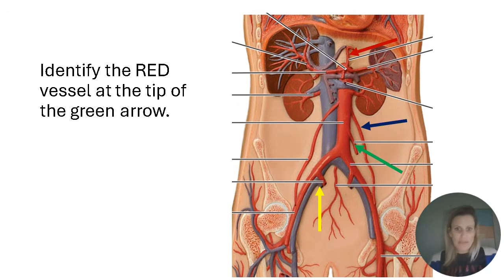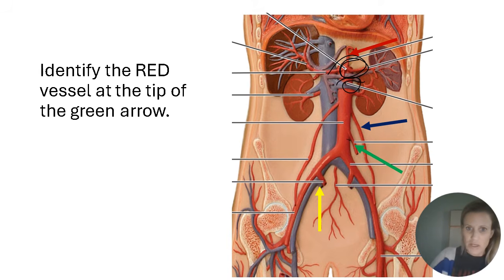The red vessel at the tip of the green arrow. Good, so here we can see some more of the branches off of the abdominal aorta. When we look at the abdominal aorta, remember we said the first branch up here was the celiac trunk. Then we have a little nub right here that's hard to see. That's the superior mesenteric artery.